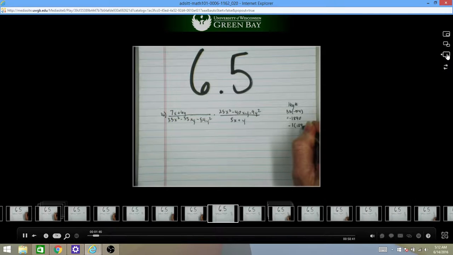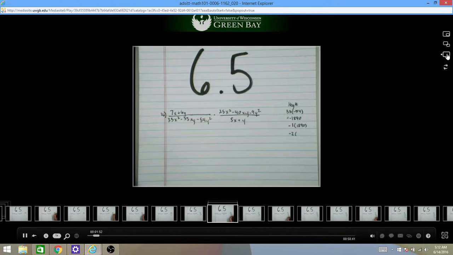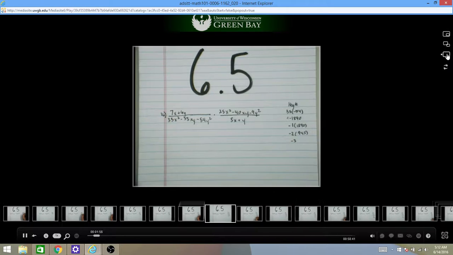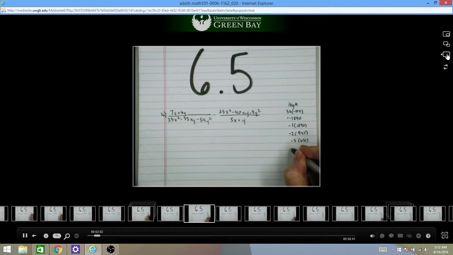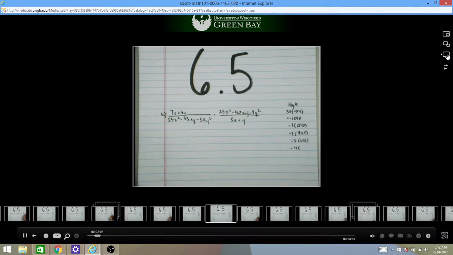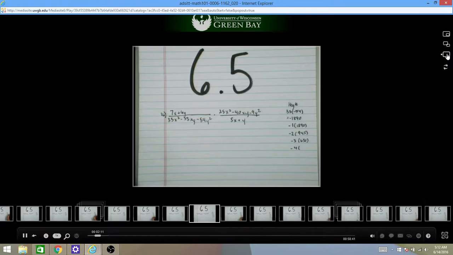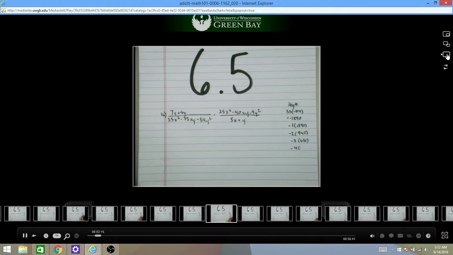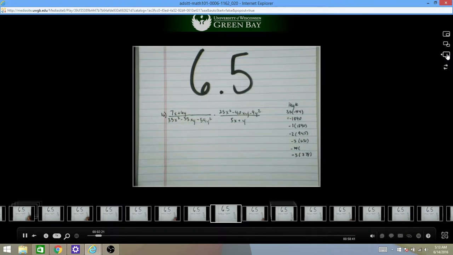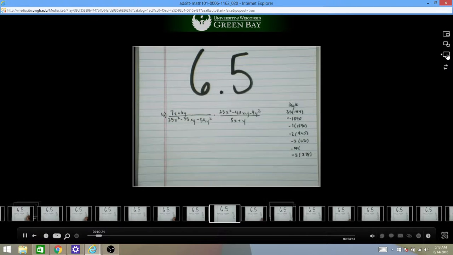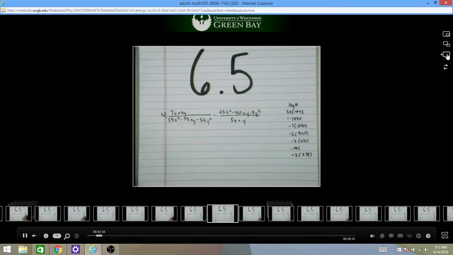Just keep working it out. So I'm not going to keep writing each one down, but you can see I just keep going through the list. 1, 2, 3, 4, 5, 6, 7, and so on.